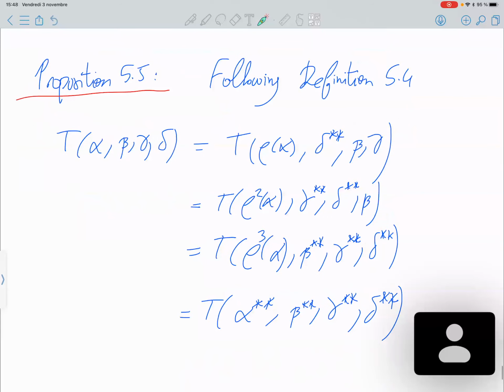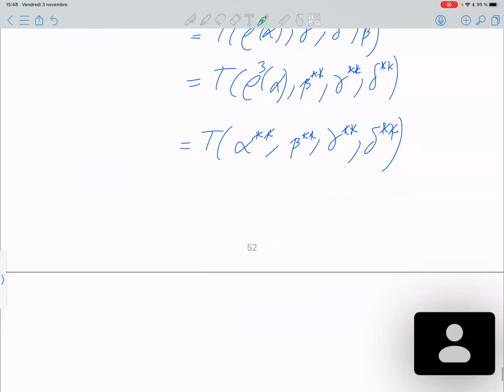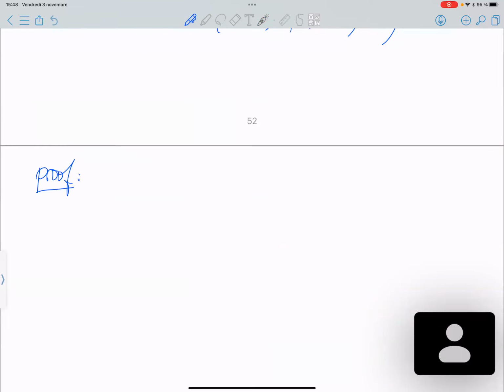Proof. As I said, we only need to prove the first equality.